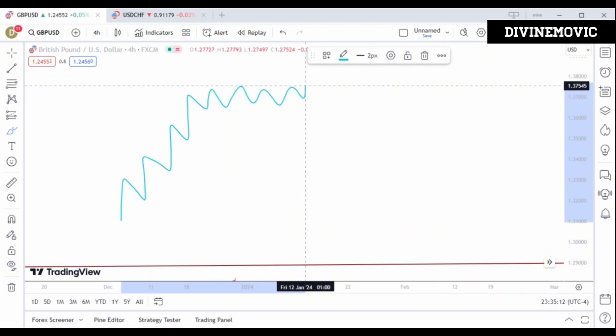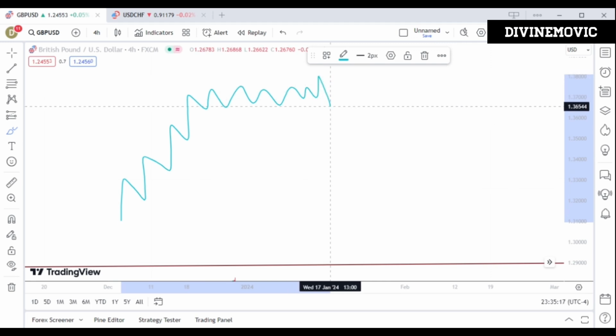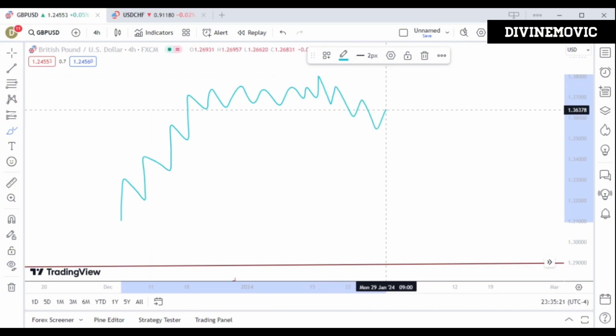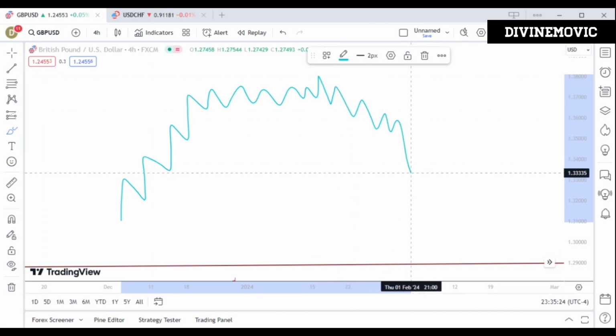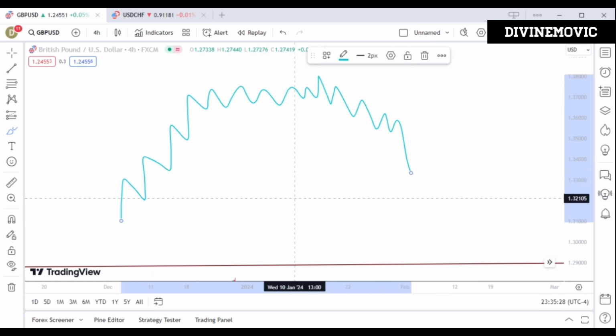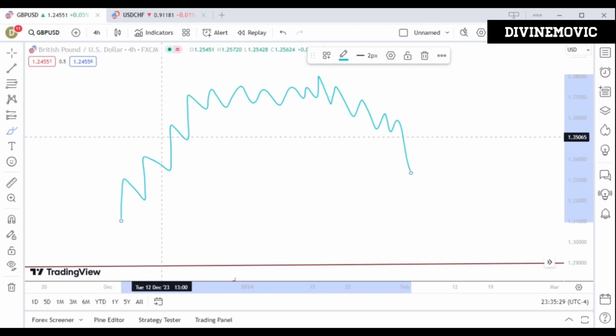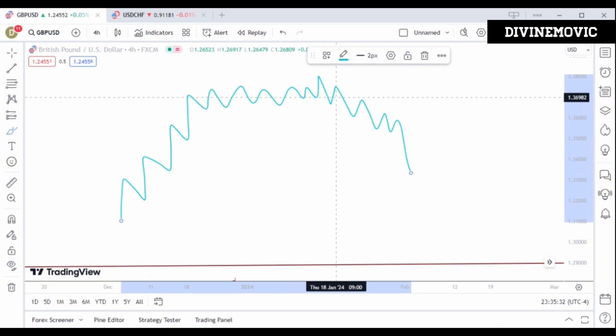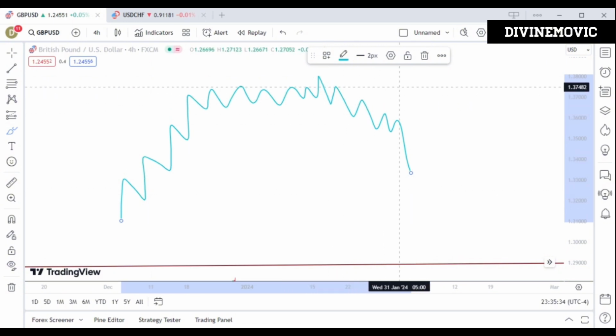This is the ranging phase. And then price finally touched the resistance key level, and when it did, price gave us a change of character to the downside and started moving down like this. So this is a very good picture of what we just did on the chart, by identifying the swing high and the swing low, the ranging phase, and then the downtrend. But that's not all.